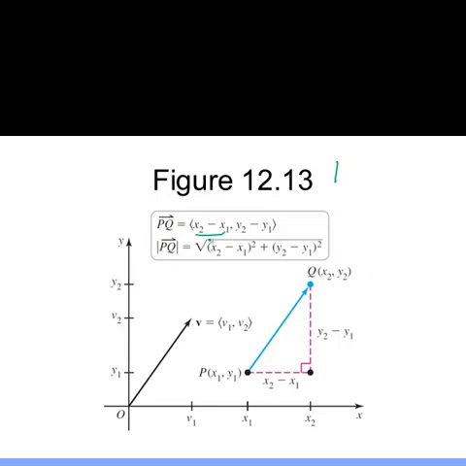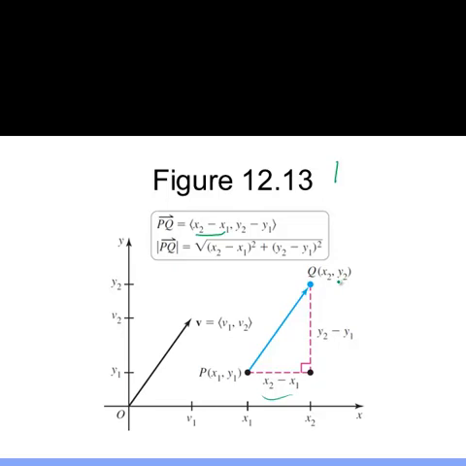It's going to just be the difference in the x coordinates. You can kind of think about seeing this 90-degree angle right here. So the length of the horizontal displacement is just going to be the difference between x2 and x1. And likewise, the y component will be y2 minus y1, just the difference in the y coordinates.